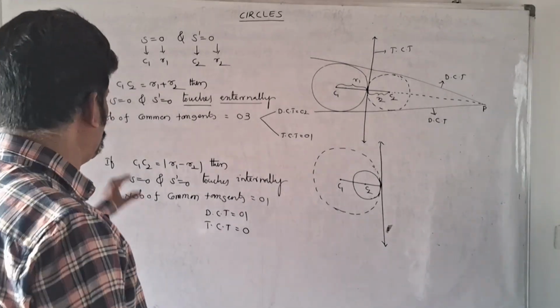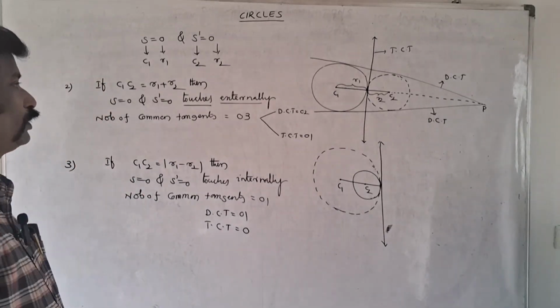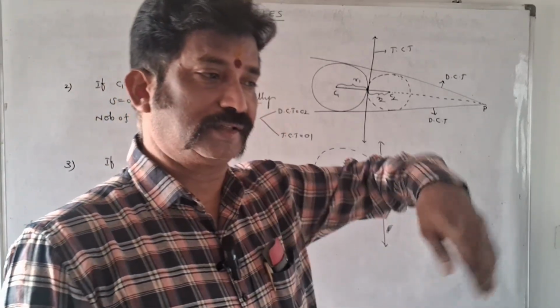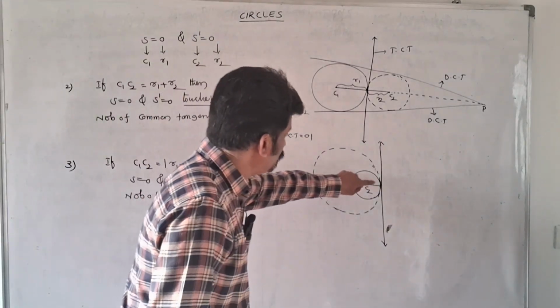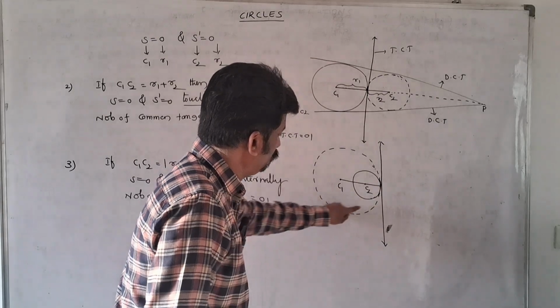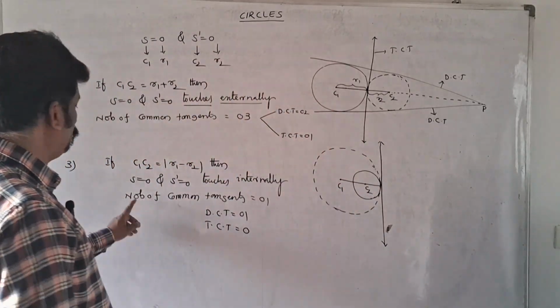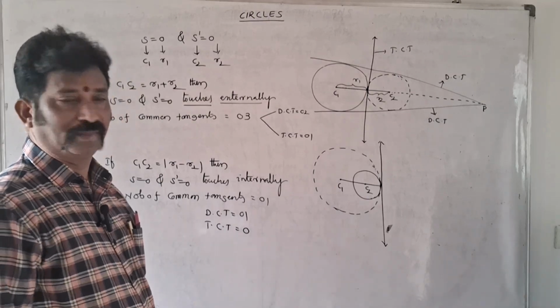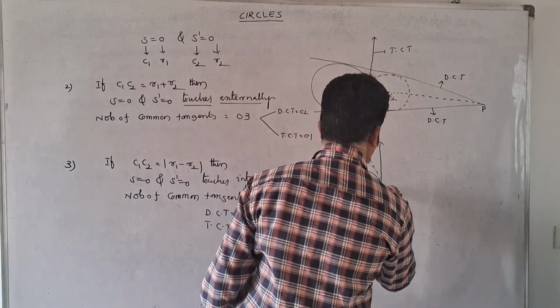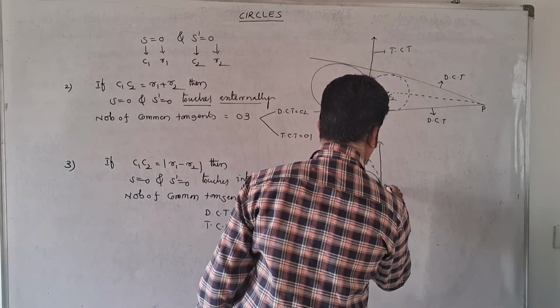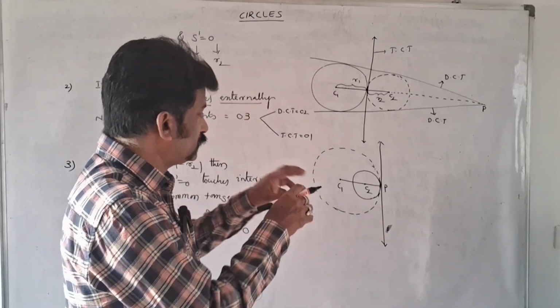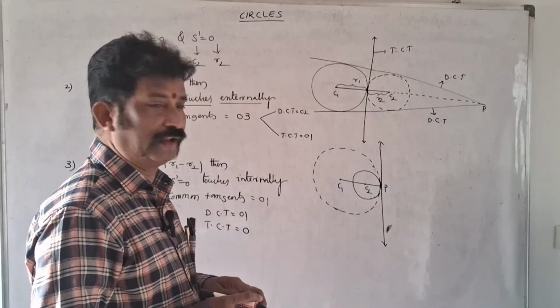So if C1C2 is equal to modulus of R1 minus R2, then the two circles touch internally. It is rolling inside like this. So the number of common tangents is equal to 1, DCT 1, TCT 0. Say for example, point P.